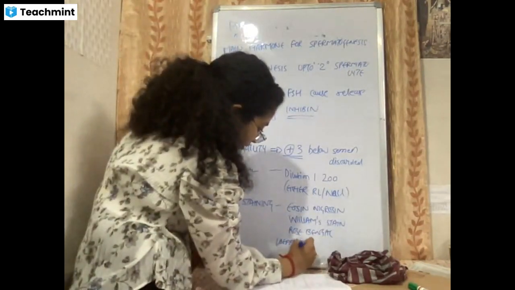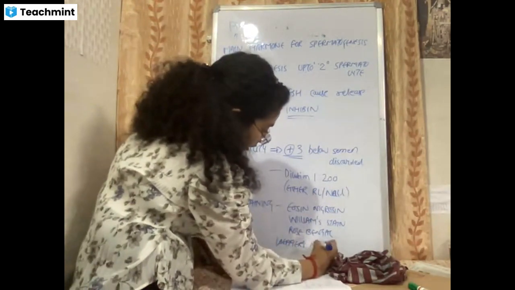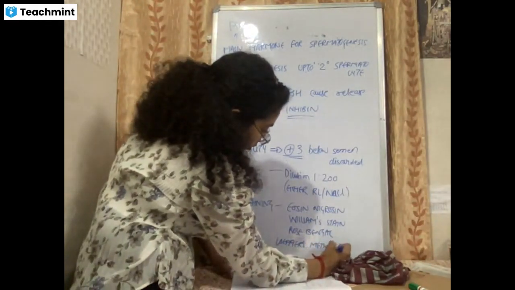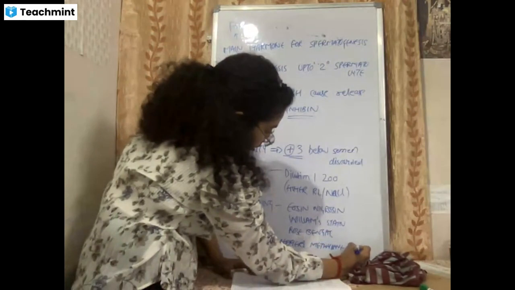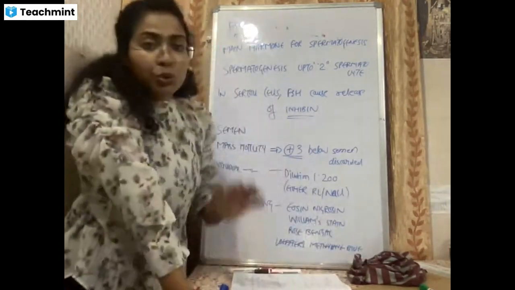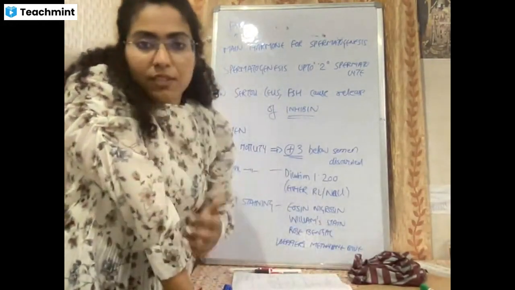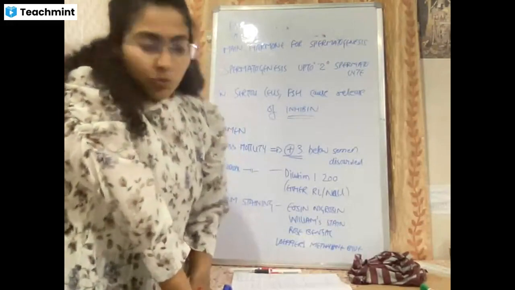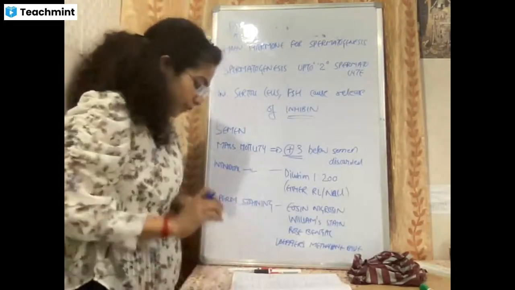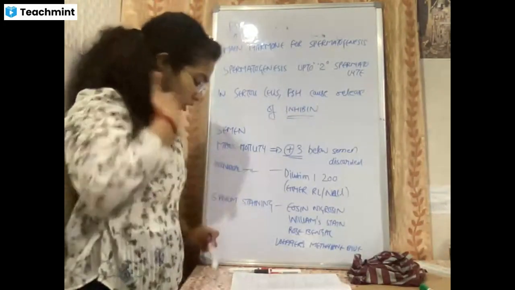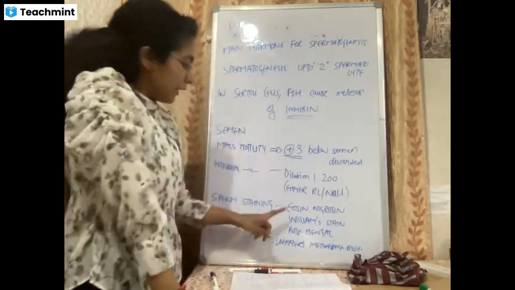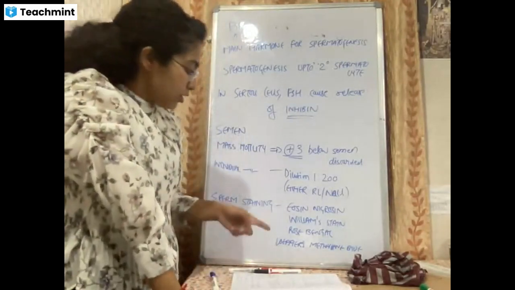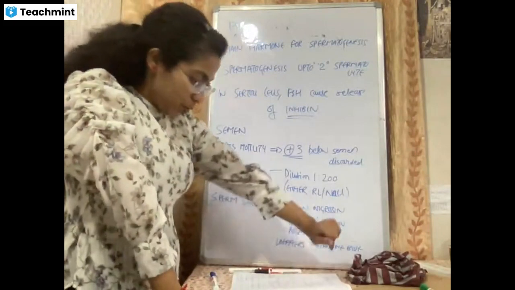In andrology, you do the Rapidex and Nano, it will be enough. So the sperm staining can be done by eosin nigrosin, Williams stain, rose bengal, and Loeffler's methylene blue.